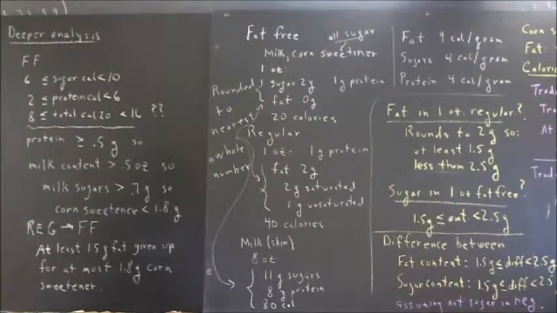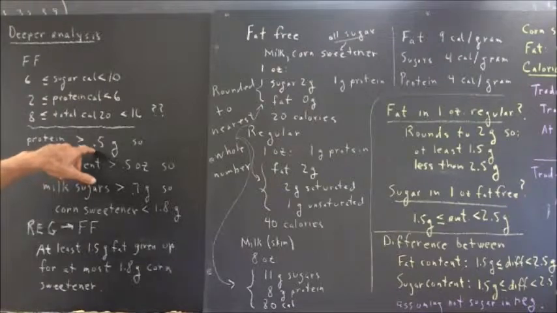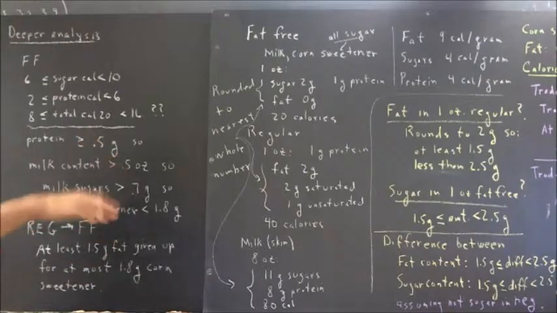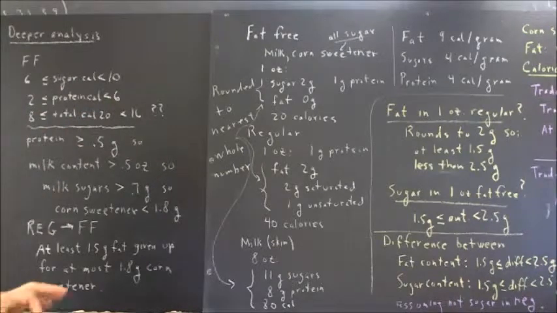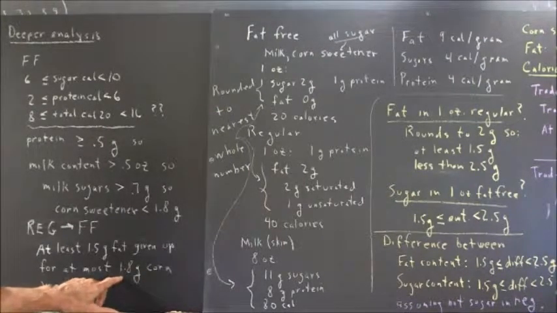Now, you could also see what the least amount of corn sweetener you might have would be. That would correspond to what happens if you have 1.5 grams of protein here, and that would potentially account for most or even all of your sugars, but we suspect there's more corn sweetener than that, just from the texture of the product. Still, we wouldn't be able to come up with a really great number for that. So it's conceivable that there's less than 1.8 grams of corn sweetener, and it could conceivably be pretty minimal.